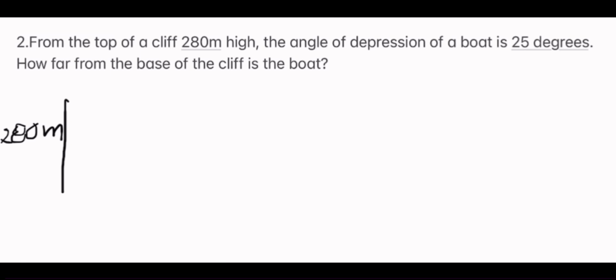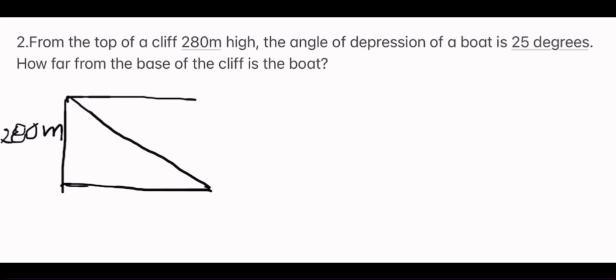Then the angle of depression of the boat. So if we have the boat here, this is the boat. Then the angle of depression of the boat is 25 degrees. If we draw a line here, okay, for the angle of depression, we can draw an imaginary line here, and the angle of depression is this angle here.